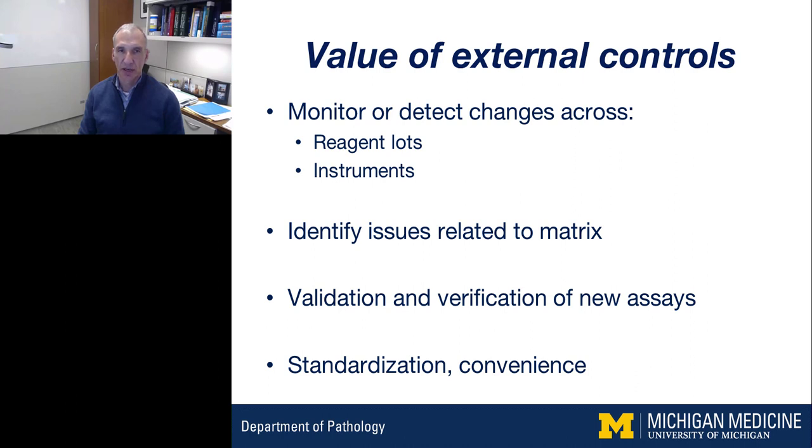You can look at changes in assays across reagent lots or instruments. You can identify issues related to any matrix. So if there's some carryover within the extraction process that doesn't remove inhibitors, or there's a problem with a particular specimen type, it's feasible that these external controls would pick up some test performance differences.